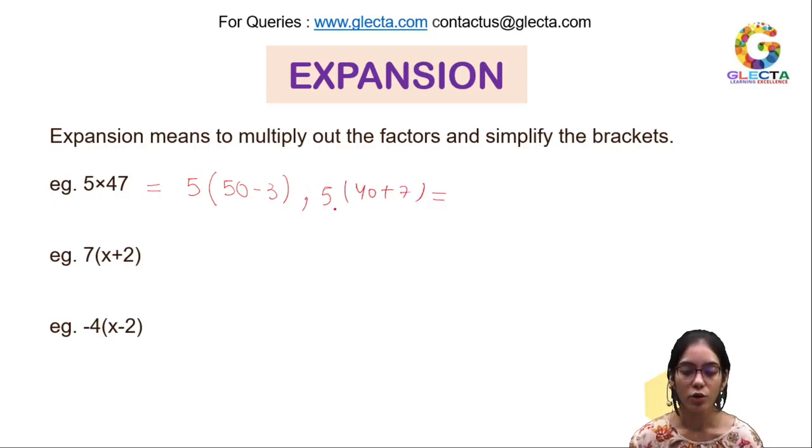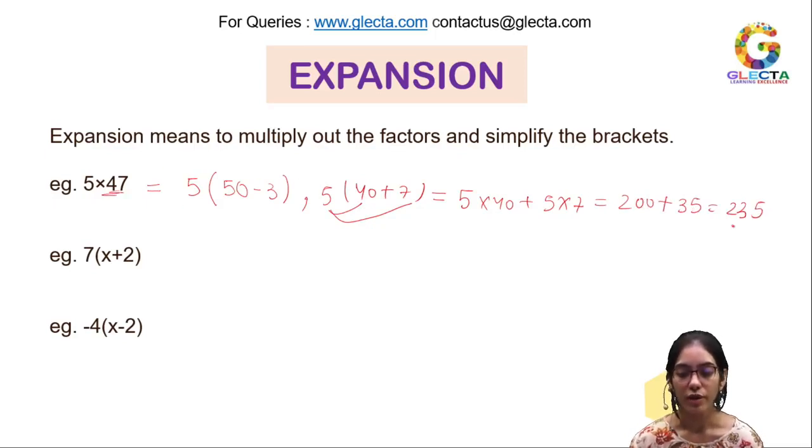So 5 into 40 plus 7 will be 5 into 40 plus 5 into 7. So this is 200 plus 35. So the product of 5 into 47 is 235.